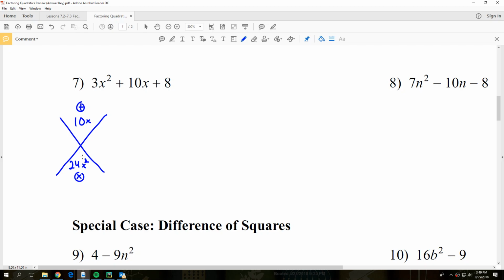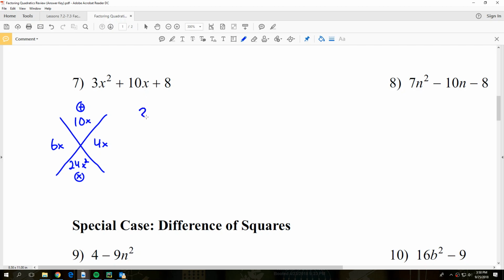What two numbers multiply to get 24 and add to get 10? Well, that's 6 times 4. More specifically, I'm breaking up a 10x, so that's going to be 6x and 4x. The reason I put the x's in is that 6x times 4x is 24x squared, and 6x plus 4x is 10x. So we are going to split this 10x into 6x plus 4x.